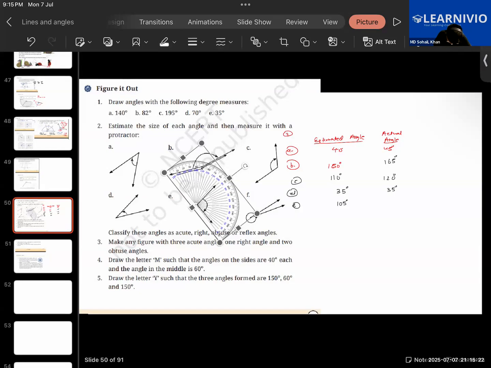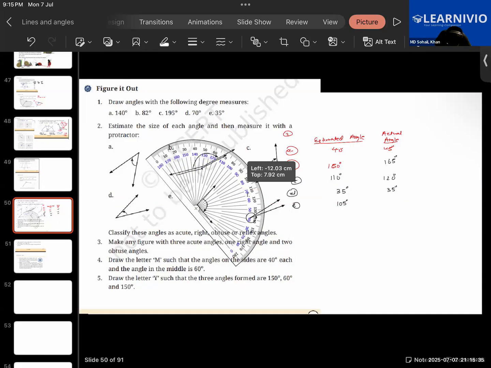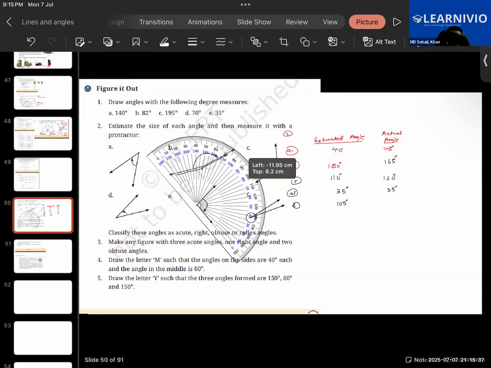Placing it properly is a kind of challenging thing. I'm getting 99.